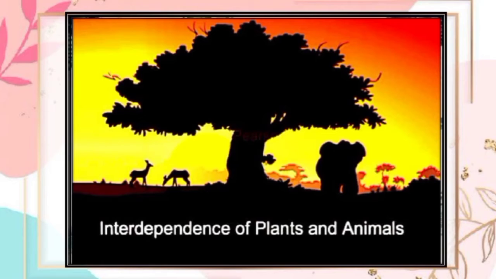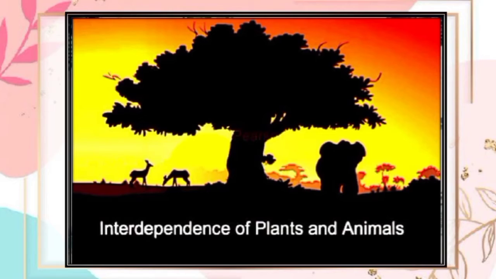And this interdependence of plants and animals in a food chain helps to maintain a balance between the number of plants and animals. Thus, if there is a sudden increase or decrease in the number of either plants or animals, the balance in nature will be disturbed.